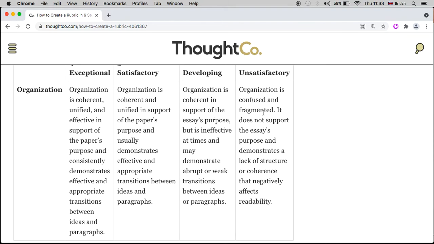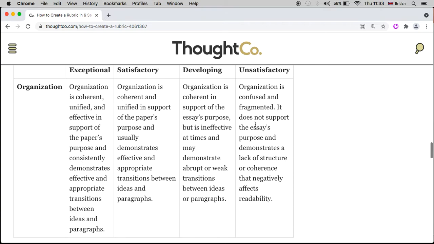Organization is confused and fragmented. It does not support the essay's purpose and demonstrates a lack of structure or coherence that negatively affects readability. So this is less than 50%, right? What we see here in parallel language is that basically it's written in the same way with slight differences to make clear when something is exceptional and when it's unsatisfactory on the scale.